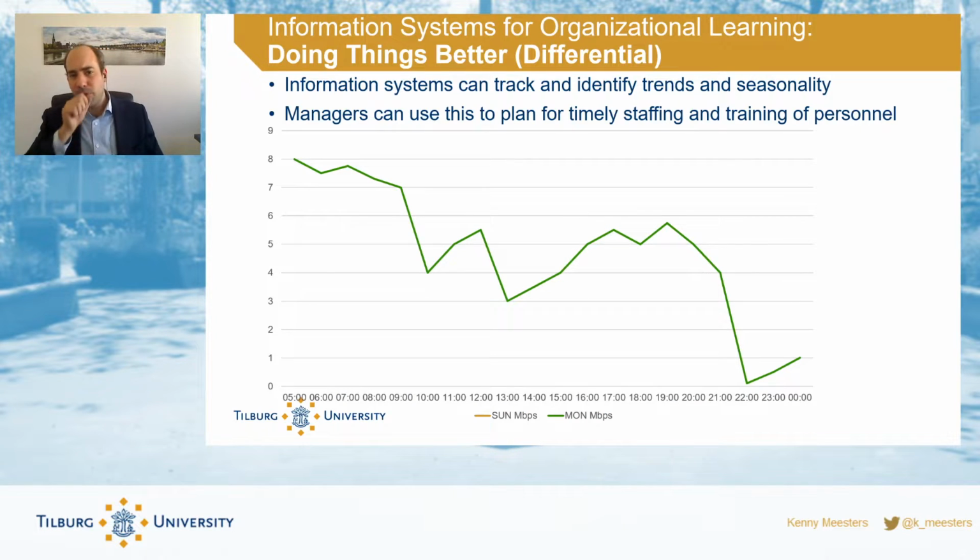Now let's move on to the next strategy, where we said, how can we do things better and differently than others? In the previous one, we talked about reducing cost by automating things, by outsourcing tasks to computer systems that can do them much faster than humans can, and probably with fewer errors. Information systems can also be used to identify opportunities in the market.